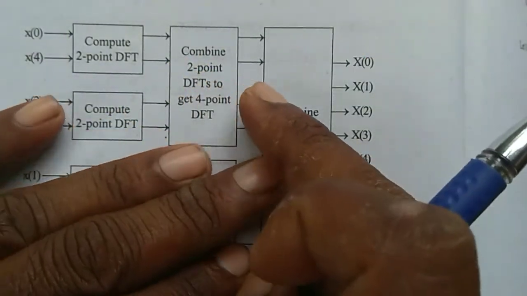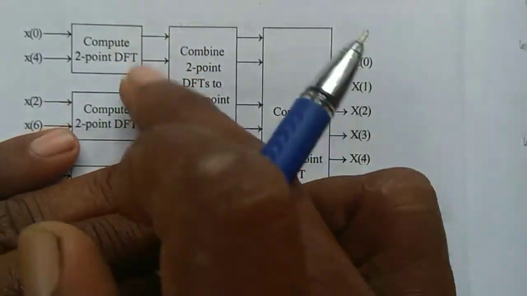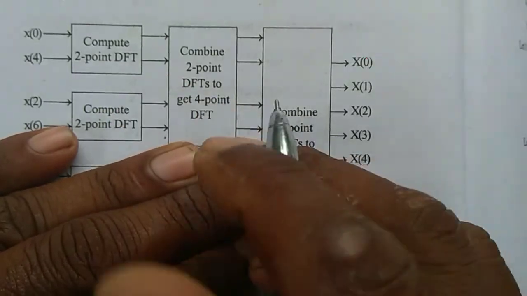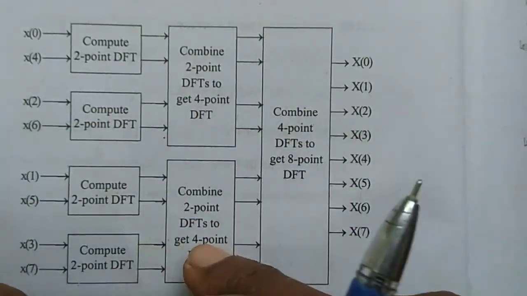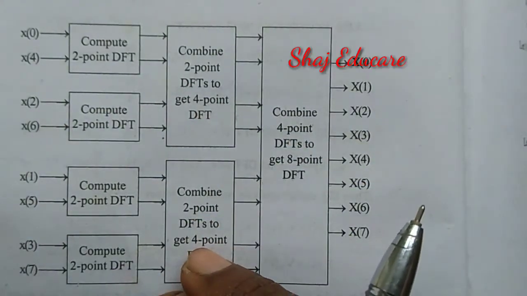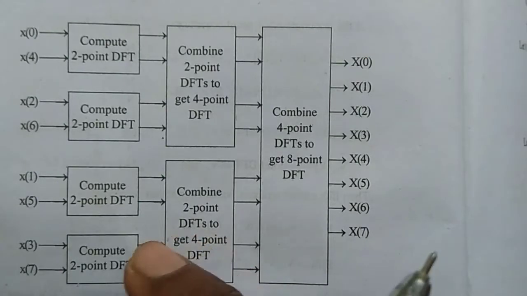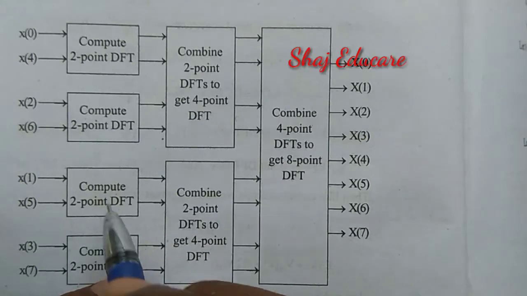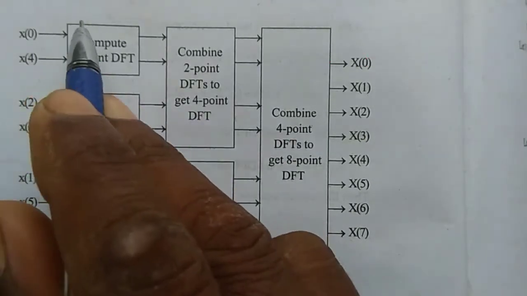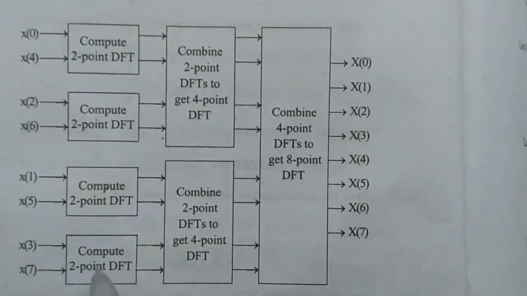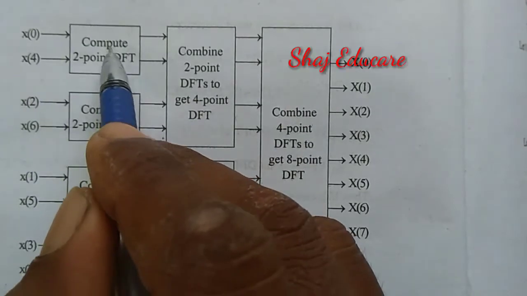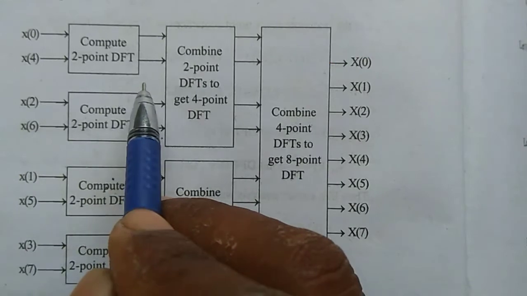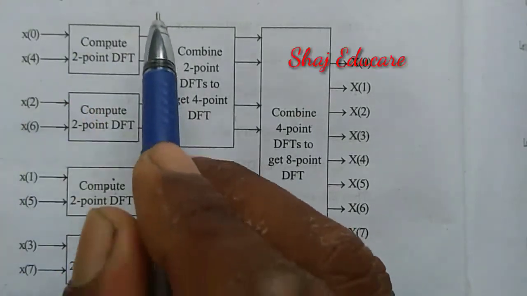For a single 4-point DFT, we have two 2-point DFTs, and the bottom 4-point DFT is again subdivided into two 2-point DFTs. Here we have four 2-point DFTs in total: first, second, third, and fourth. We can find the 2-point DFT very easily.